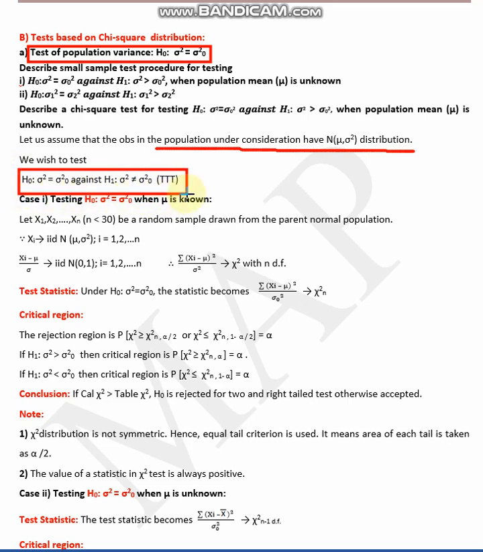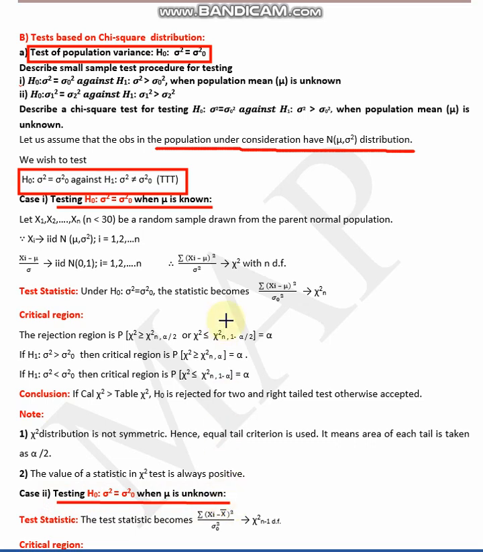That means my alternative hypothesis is sigma square not equal to sigma naught square. So that is my two-tailed test. There may be two cases: in case 1, when the population mean mu is known, and in case 2, when the population mean is unknown.